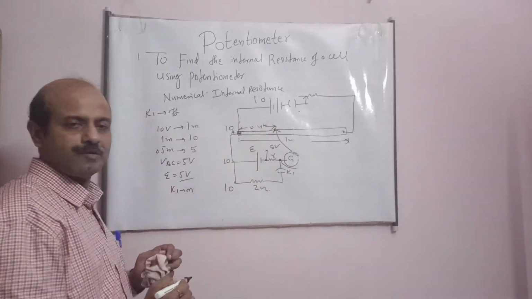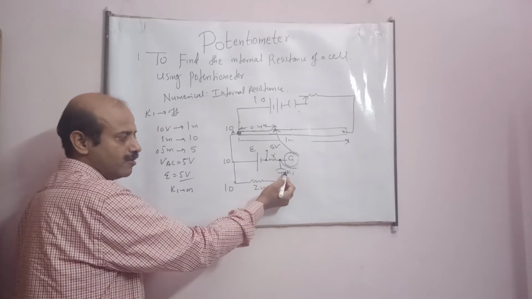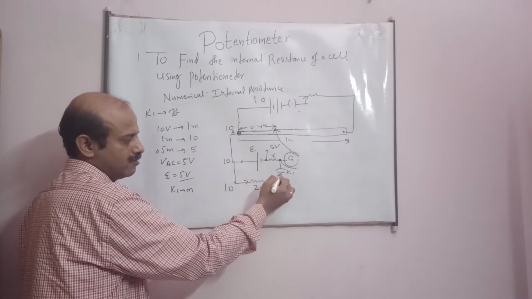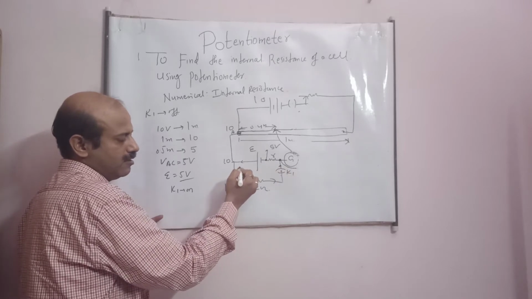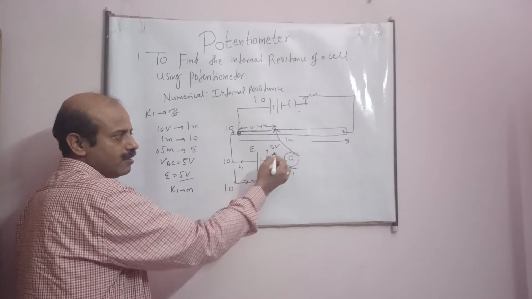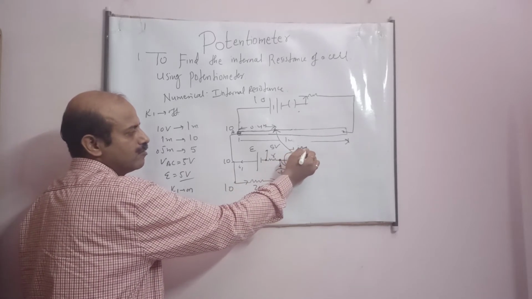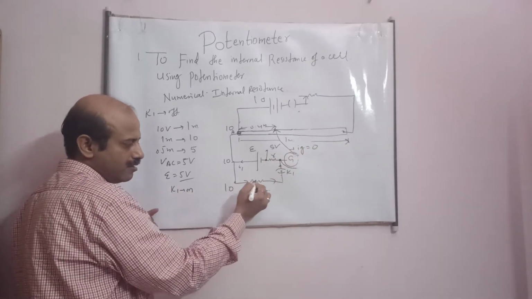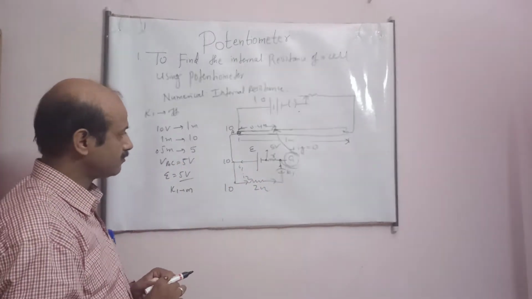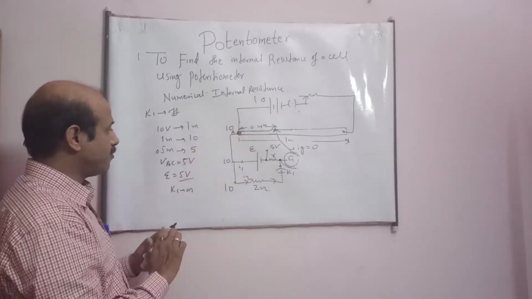What does this 0.4 meter mean, student? Remember, now this key is on, so there is a current in this circuit. Say that current I am taking to be I1. Here the current is 0. Here in this I am taking current I2, just assuming it. Now, what is the meaning of this 0.4 meter?